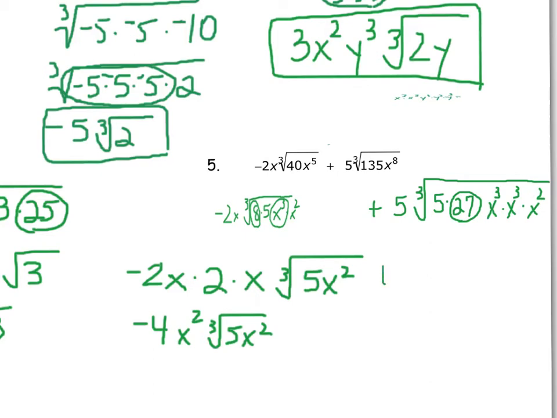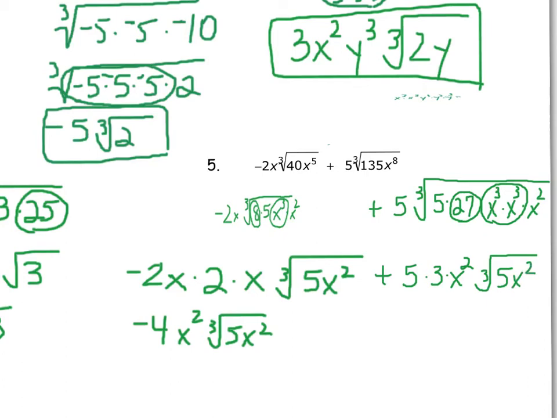And now we'll be able to have the 5 outside that radical, taking out the 3 for the 27, and taking out an x squared for each one of the x to the 3rd powers. And that would leave inside of our cube root the 5x squared.